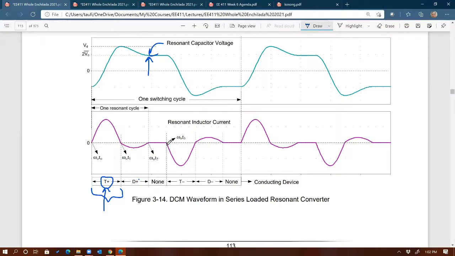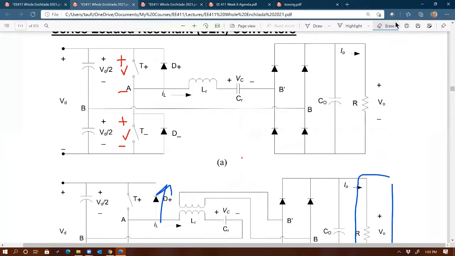So it will still be 0 until we want T minus to turn on. In this example, I'm turning on T minus at omega naught T3 right there. Now we have one of the switches on. So if you go back to here, now this switch is turning on right there.